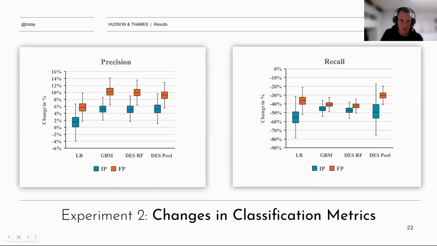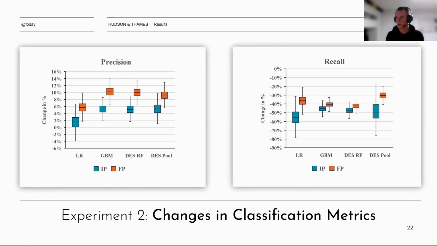Then if we move on to the change in classification metrics, the blue box plots are for the information advantage, the orange ones for the false positives. So once more, these box plots highlight that all metrics improve compared to using solely the information advantage.